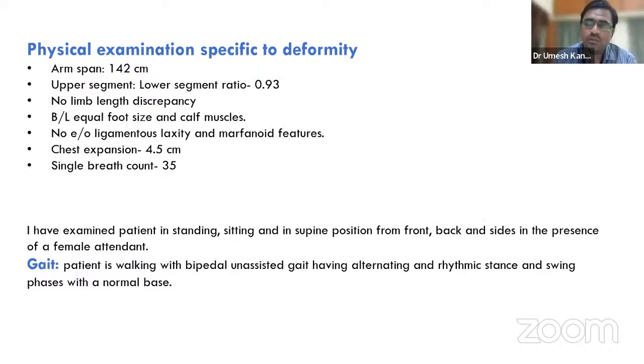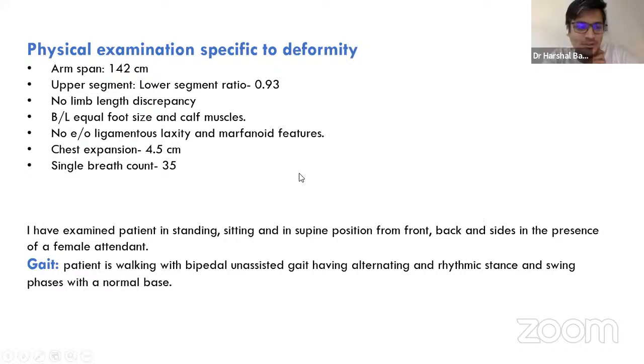The score of more than 5/9 is abnormal, sir. She is not having any ligamentous laxity, sir. The question is, what was the score in your patient? You said you did a Beighton score for ligamentous laxity. So what was the score you got? She is not having any ligamentous laxity, sir. So not scored. Okay, let's pass over that and go on to the next.